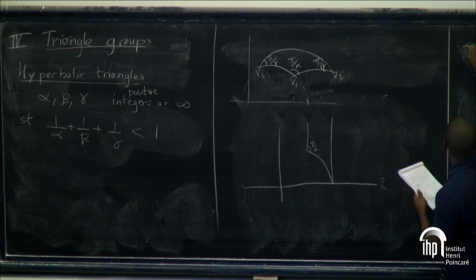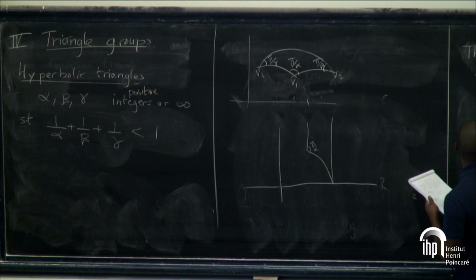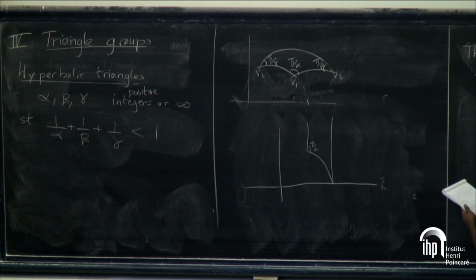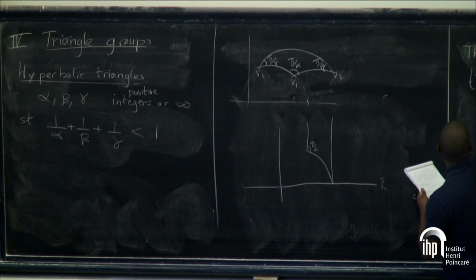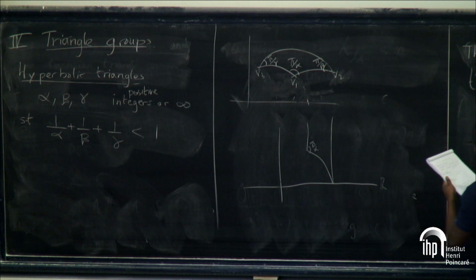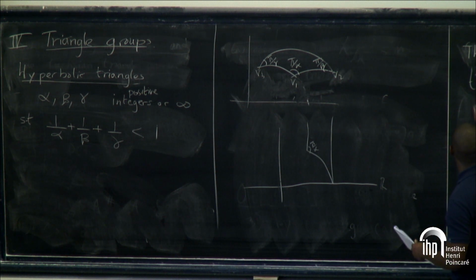So, describe how the upper half plane is tessellated by the triangle.